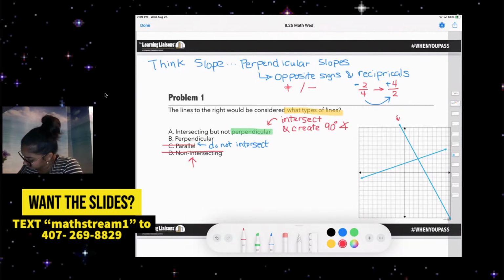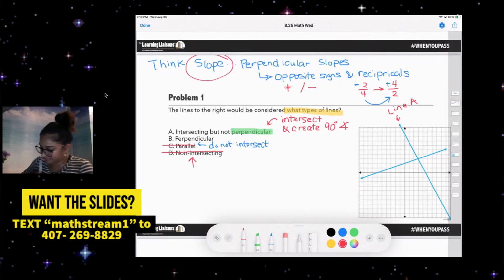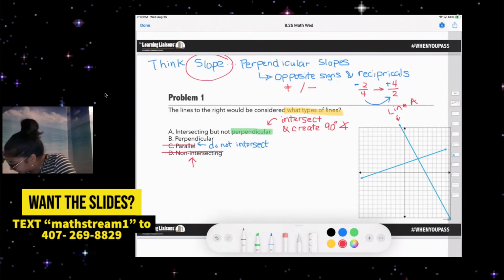If we look at this line, let's call it line 1, or let's call it line A. Let's get rid of some numbers. Let's get some extra letters in there. If we look at line A, in order to pick a point and help us find these slopes, we have to actually pick 2 points that are exactly intersecting with the line itself.